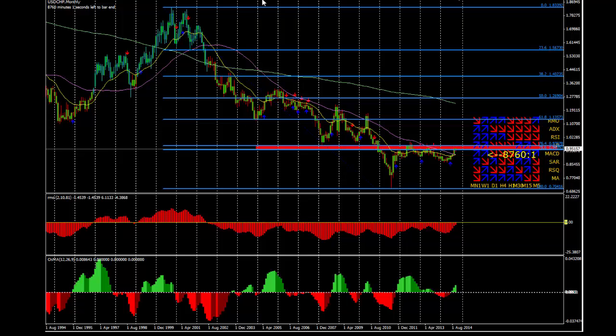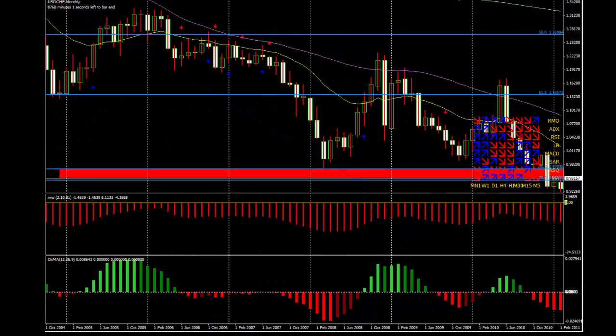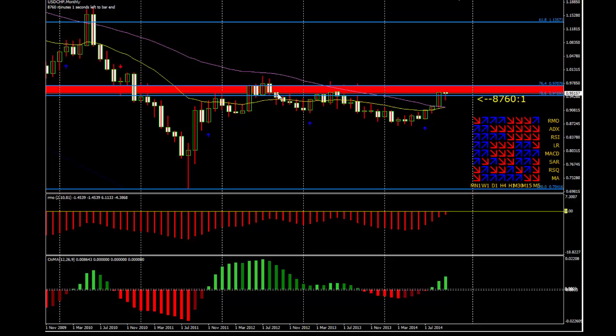And if you look at where price is trading right now on the monthly time frame, we're trading into this level here. Okay, so we should be well aware that we could see the possibility of further consolidation or speculative trading as we head into a major support and resistance level. So if you do decide to trade between these 2 points, you do so at your own risk, because it happens to be a major support and resistance level in the past.